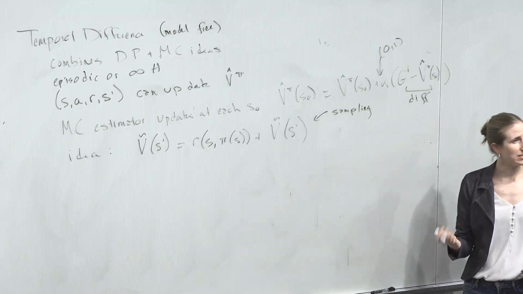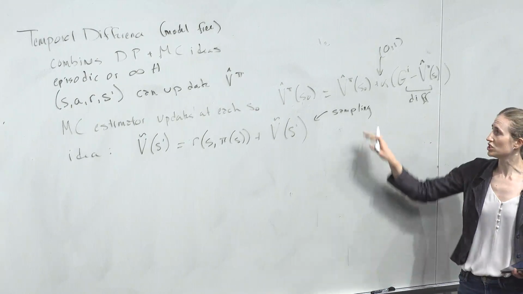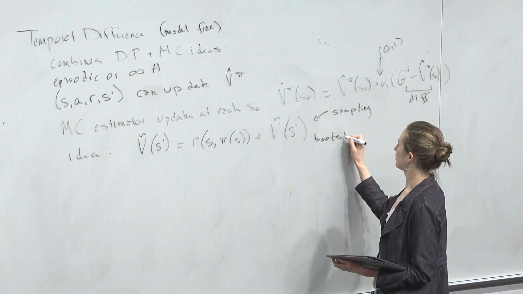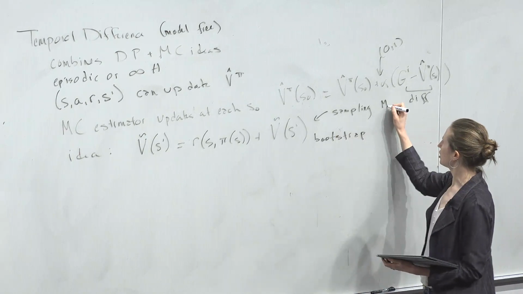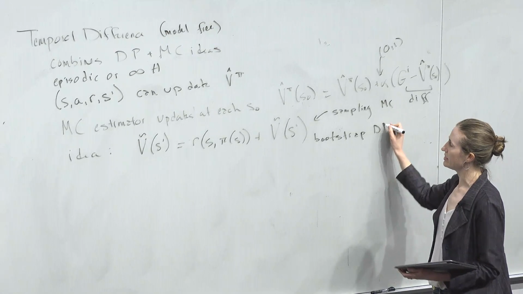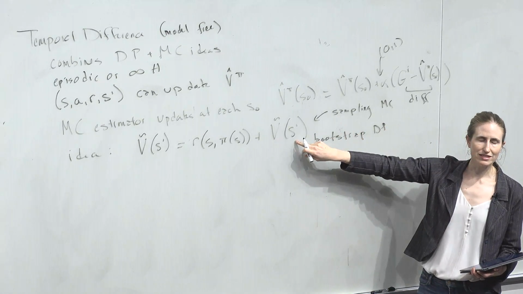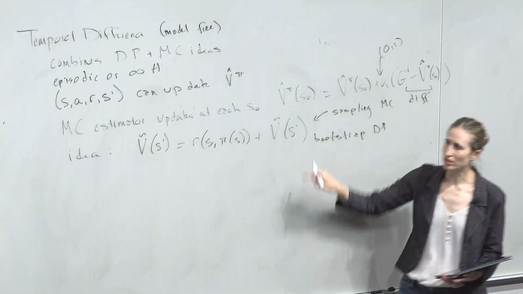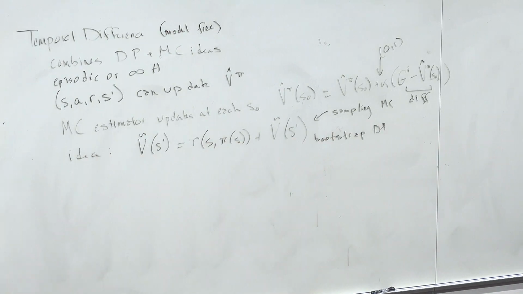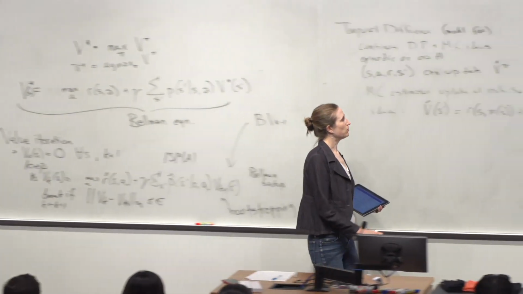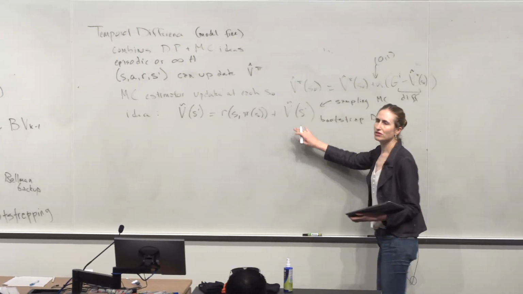We should have done an expectation over all the next states. We're not, we're just sampling one. And we're bootstrapping. So this is the same as Monte Carlo, and this is the same as DP. We're sampling because we only get one next state instead of the full expectation. That's very similar to what we did here, because we only sampled one trajectory. We didn't get to do the full expectation. And then we plug in our current estimator.